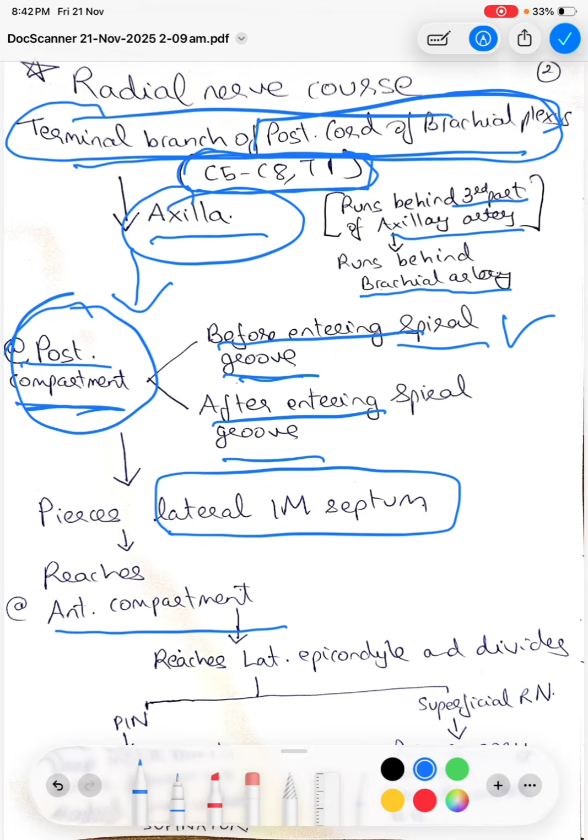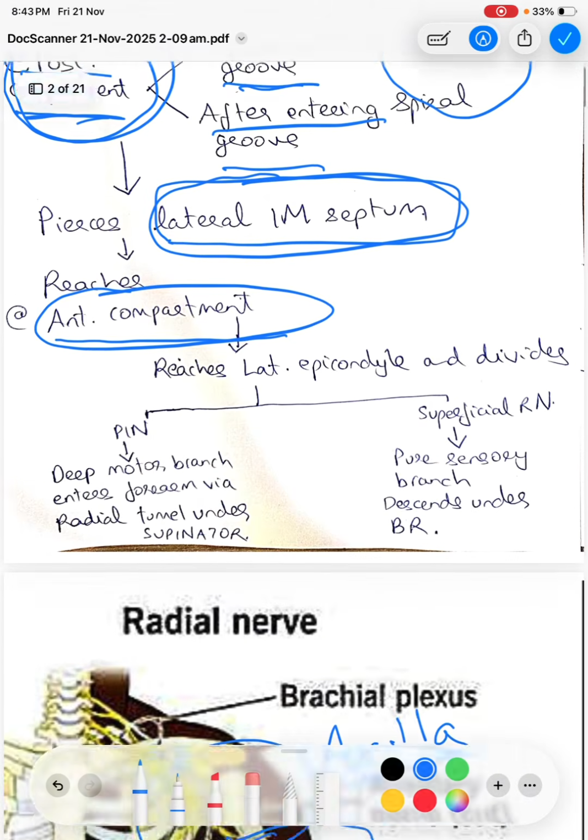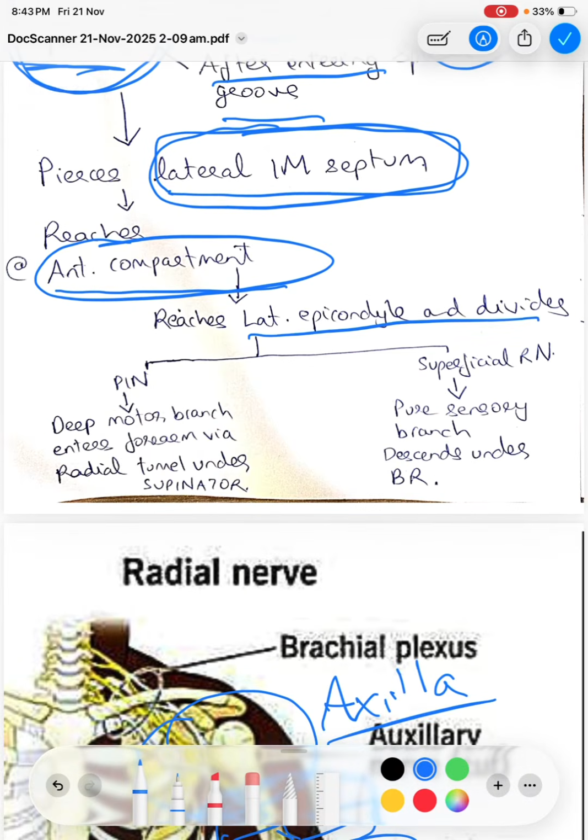You need to understand this. Axilla, then it goes distally into the posterior compartment, enters the spiral groove, then pierces the lateral intermuscular septum and reaches the anterior compartment of the arm. Then it reaches the lateral epicondyle and divides into the posterior interosseous nerve and the superficial radial nerve.